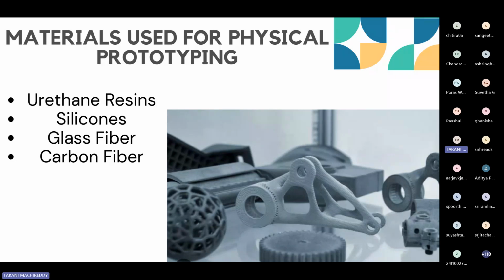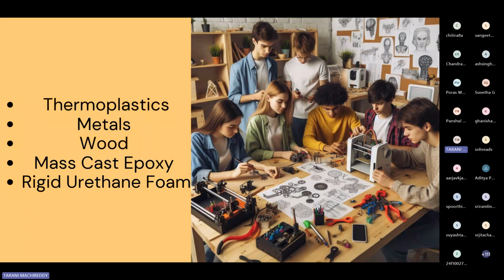That is one of the cons. Whereas silicone is very soft and has high CLD, carbon fiber is more expensive, thermoplastic melts under high heat, metals can be labor intensive, and wood also can be labor intensive. Mass cast epoxy can shrink during curing and has limited thickness. So these are some cons of these materials.